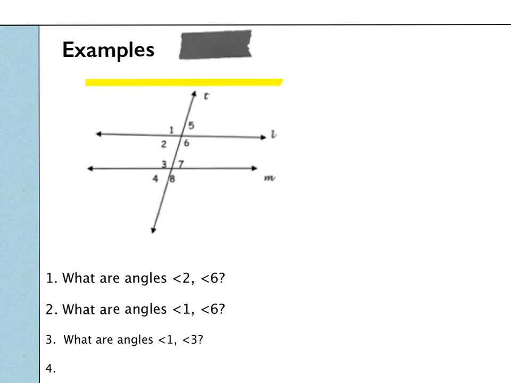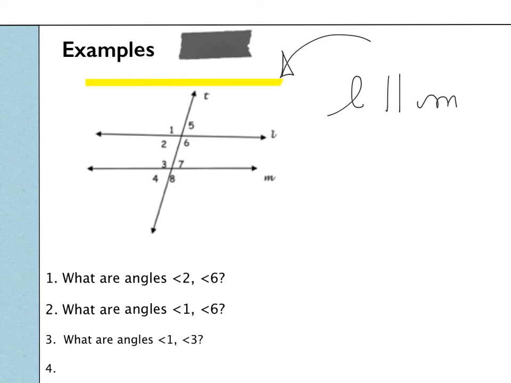Example number 1 says, what are angles 2 and angle 6? Given that L is parallel to M. Can't do anything without knowing that. So that is a condition given to you.